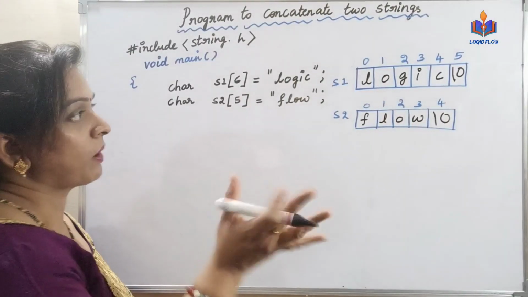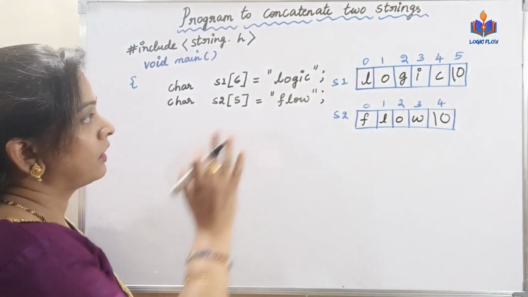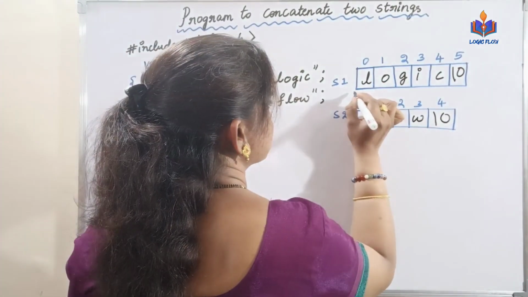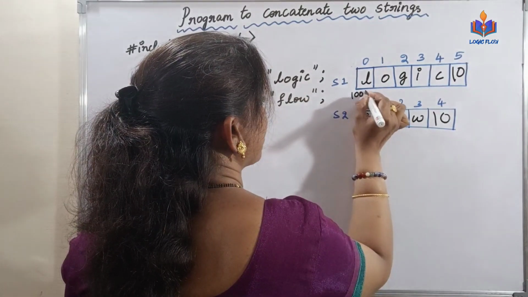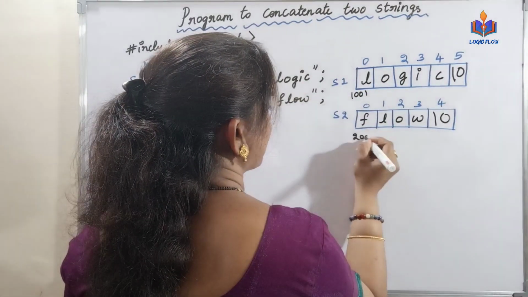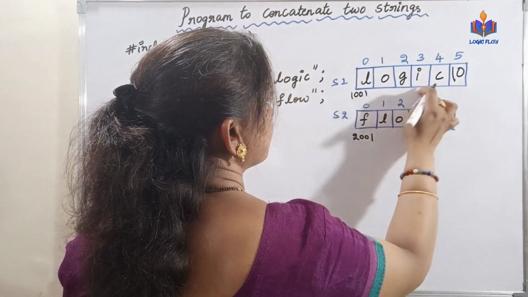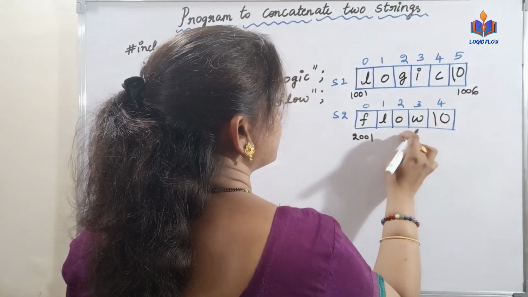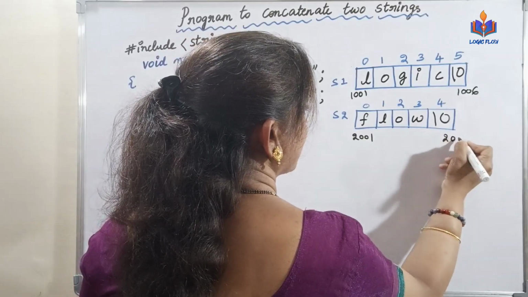This is how the memory allocation and initialization will be done. Say the address is 1001 and this is 2001. 2, 3, 4, 5, 6 up to 1006, and 2, 3, 4, 5 up to 2005.